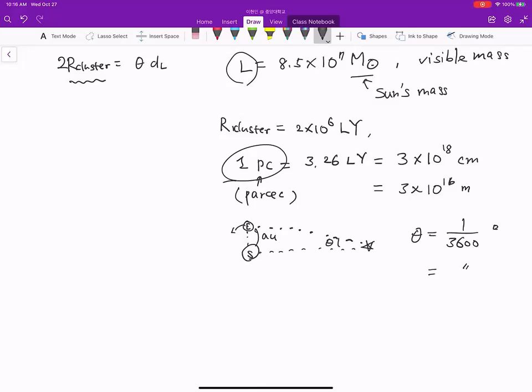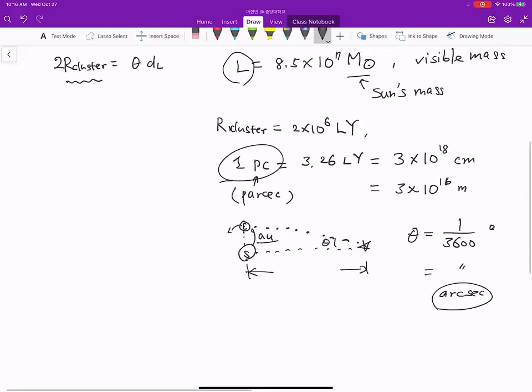If we know the astronomical unit, and the angle is an arc second, then the distance between the solar system and the star would be 1 parsec. So that's how you can define distance in astronomy.